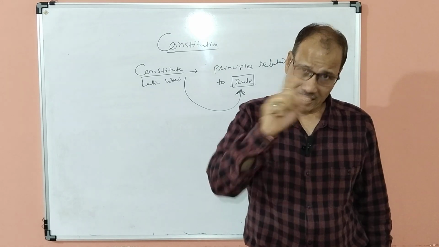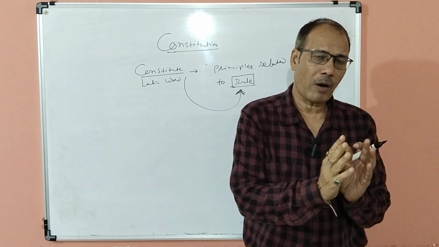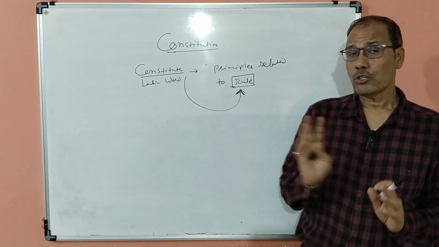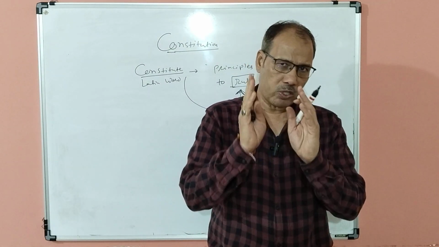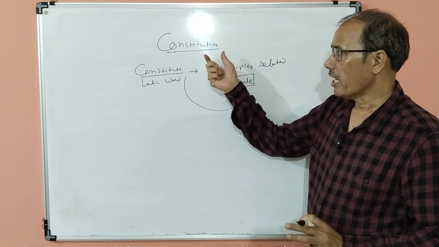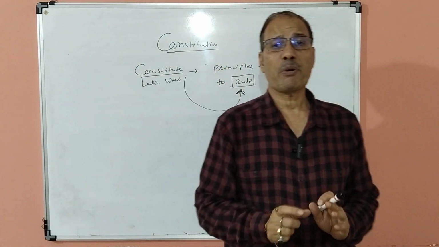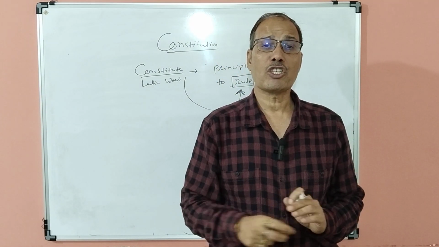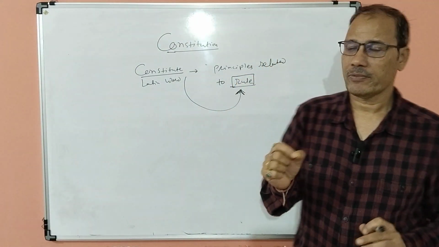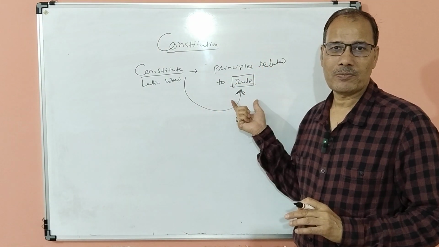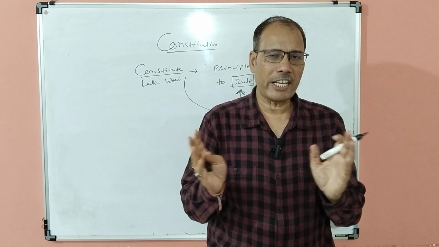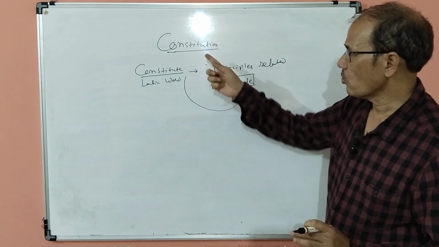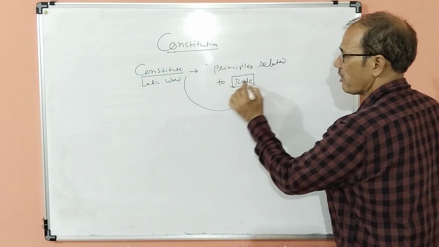And along with the ruling powers, if any violation is there, if these rules are violated, it can also punish, it can also ensure the proper order to follow the rule. Okay, so rule is a very wide and broad concept. So constitution is principles related to rule.